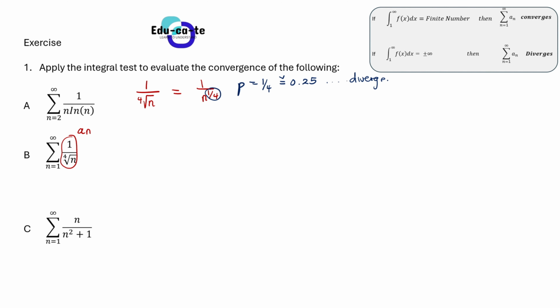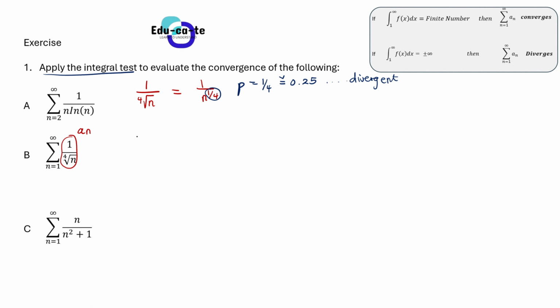But the question here is being violated, because you have been told to apply the integral test. So you are not supposed to use the p-series test, but you can use it to confirm your answer, because you are sure that this will diverge since the exponent p is equal to 0.25. Check out my video explaining the p-series as well.